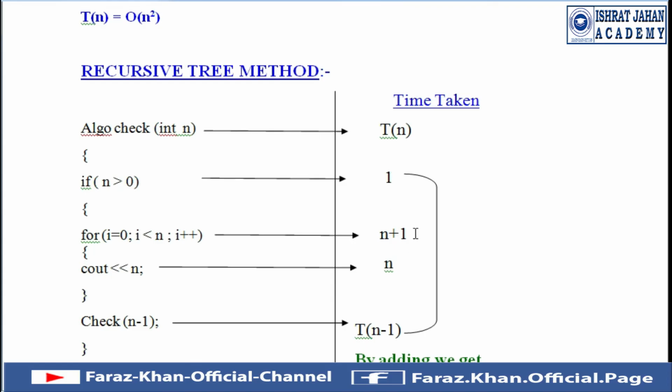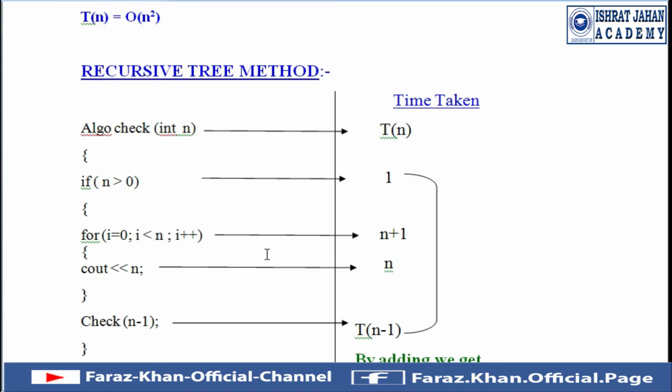The loop will run n times and plus 1 is for one extra time when it crosses the limit, right?